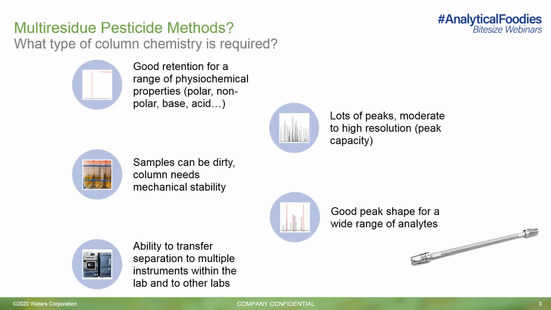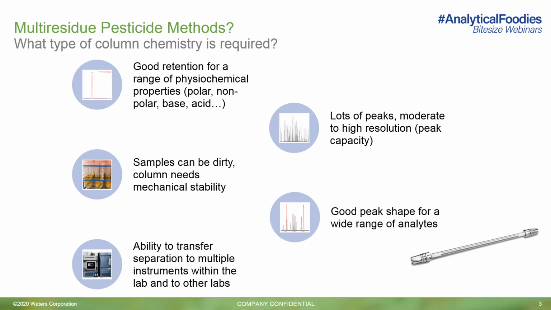So, what type of column is required for multi-residue pesticide analysis? Well, we need a stationary phase which will allow us to achieve good retention for a range of pesticides with different chemical properties. Whilst we wouldn't be looking to retain highly polar pesticides such as glyphosate in this method, we would still want to retain moderately polar pesticides.